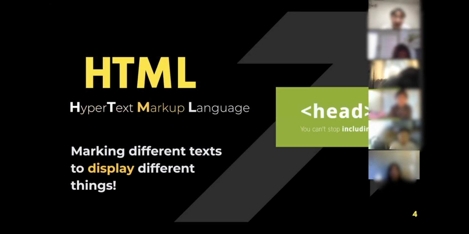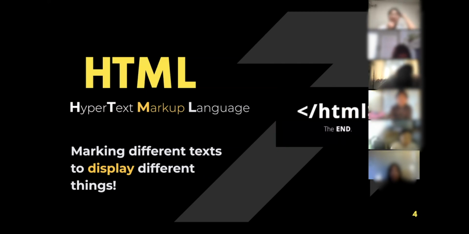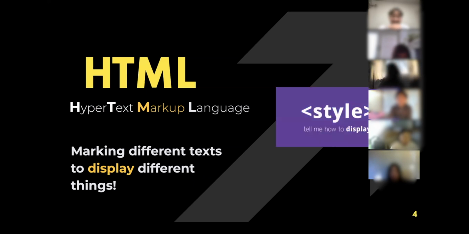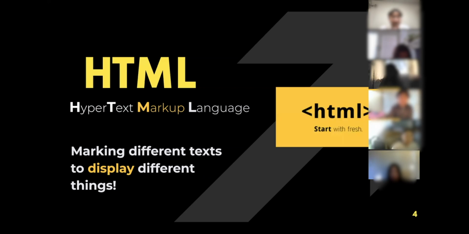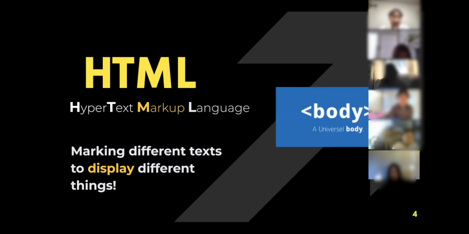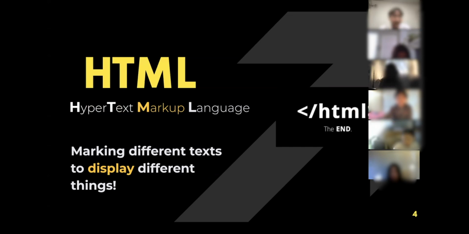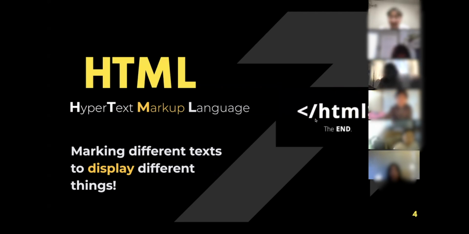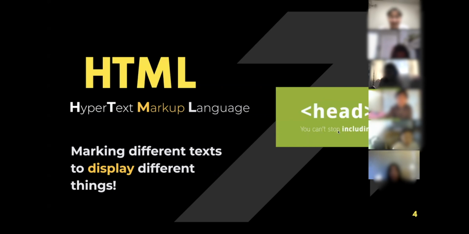And markup. So actually, fun fact, HTML is not a programming language. What a programming language is is a little bit different from what HTML is, but HTML basically is not a programming language because it's purely made to display things on the website. It's just marking different text to display different things. And we'll go over all these different tags you see on the side.